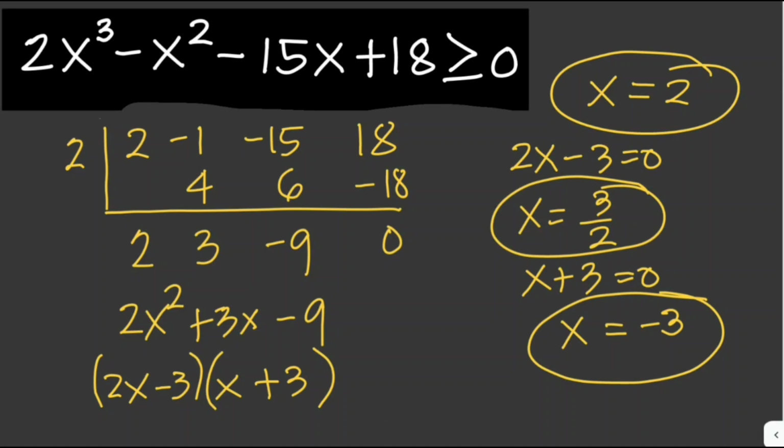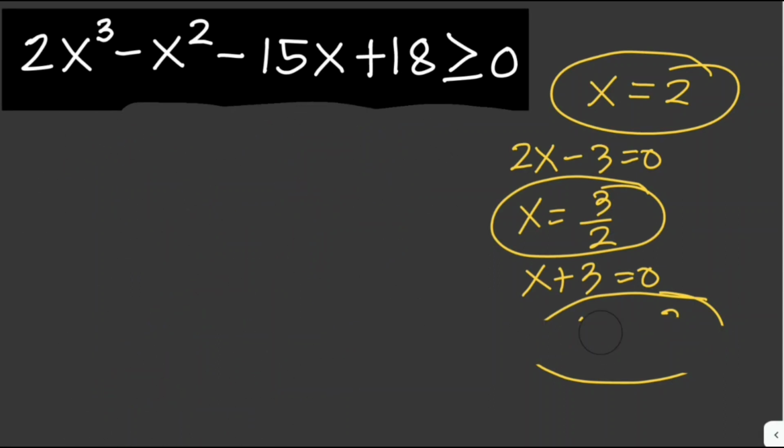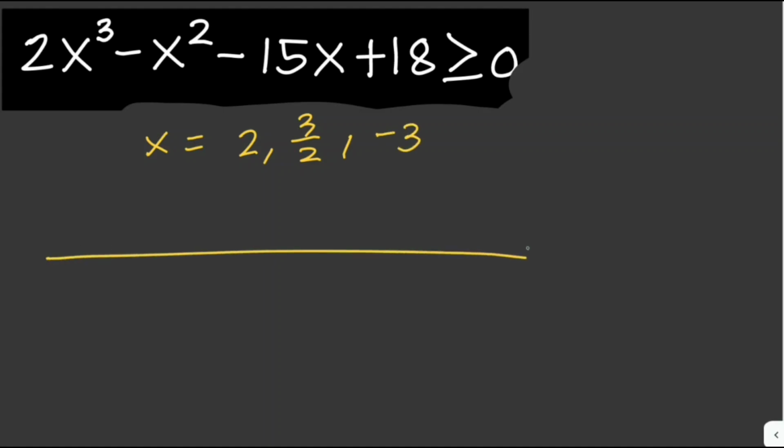So let's plot these points on the number line. Okay, 2, 3 halves, and then negative 3. So if this is our number line, let's say this is 0, 1, 2.